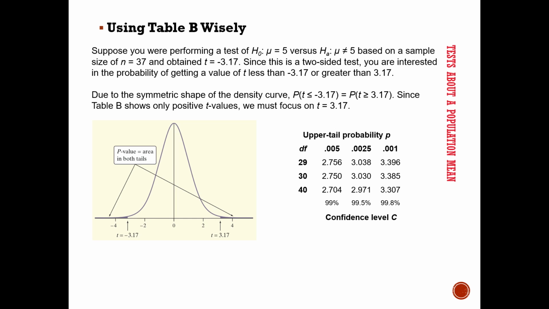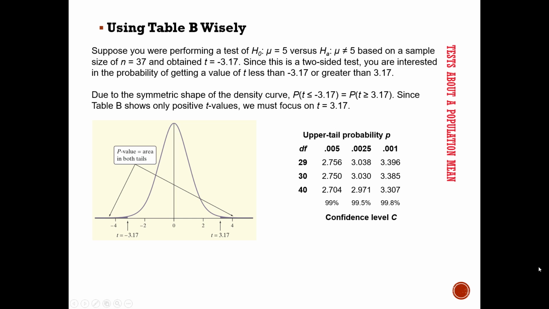However, you can do this in your calculator a lot faster, so I would recommend you do it that way. Due to the symmetric shape of the density curve, the probability that t is less than or equal to negative 3.17 is going to equal the probability that t is greater than or equal to 3.17. Because table B only gives positive t values, we have to find the one for t equals 3.17.